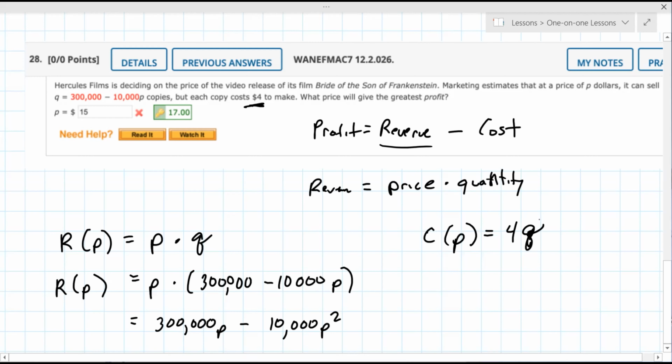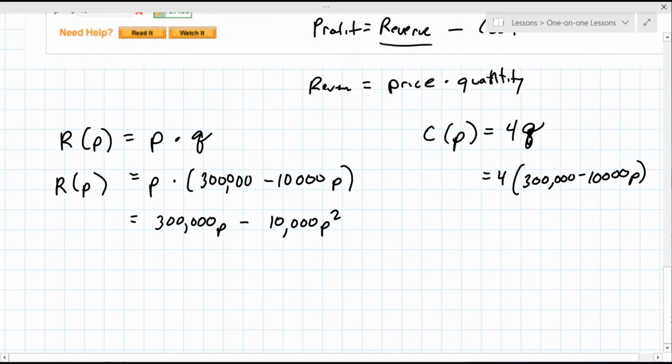Well, what quantity do you make? That's the same Q up here. So that's 4 times the 300,000 minus 10,000 P. The net result of this is 1,200,000 minus 40,000 P, and that's your cost function.